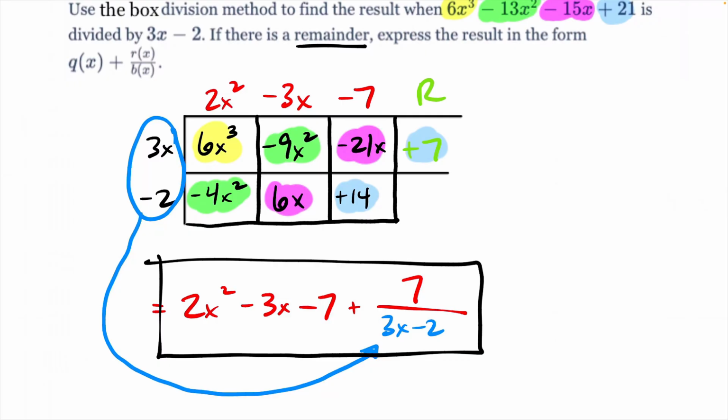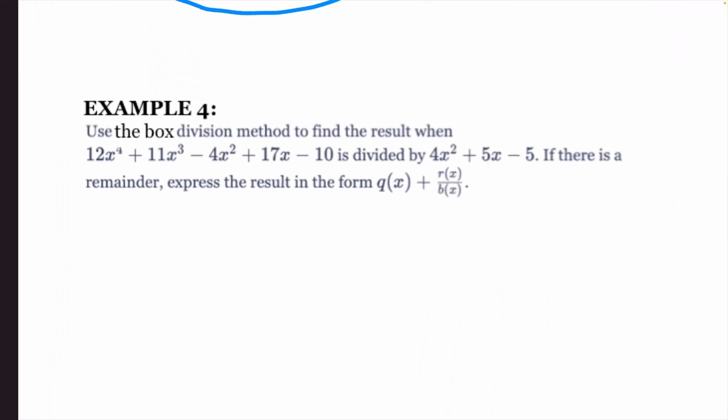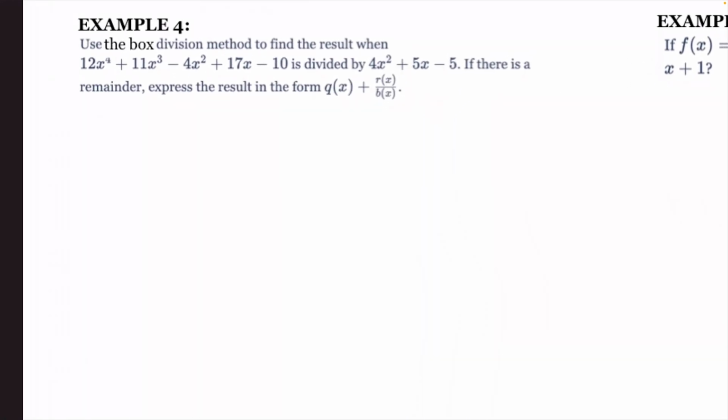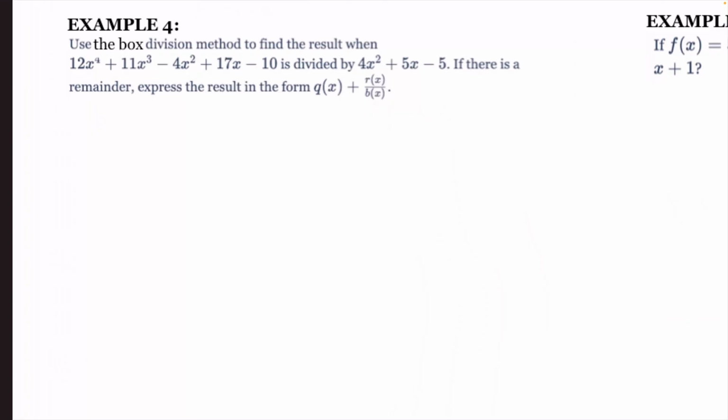Okay, so let's do number 4. Number 4, we're going to need a bigger box because the divisor is 3 terms, 4x squared plus 5x minus 5. Just need more space, same as always.